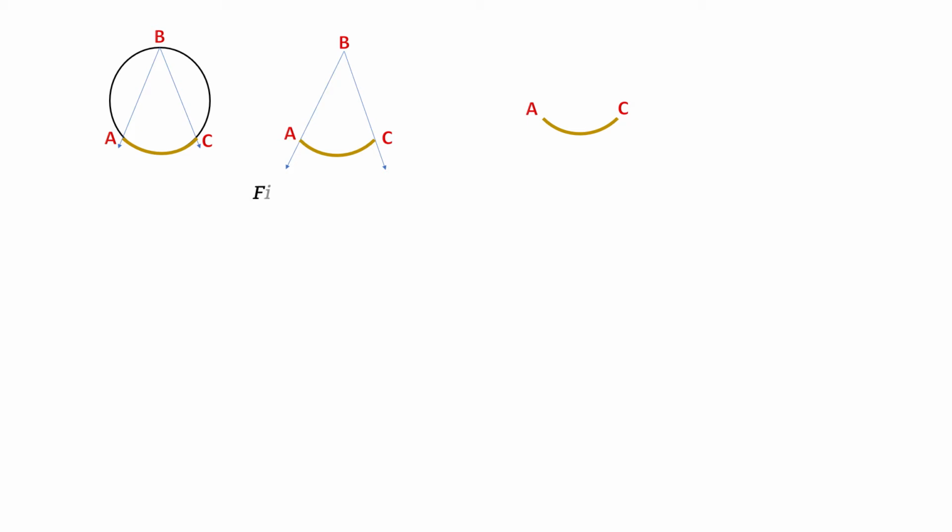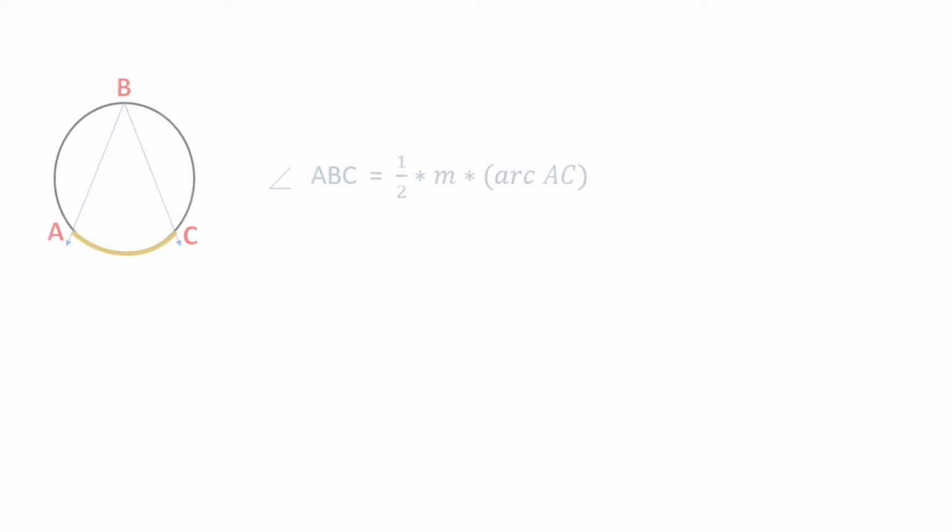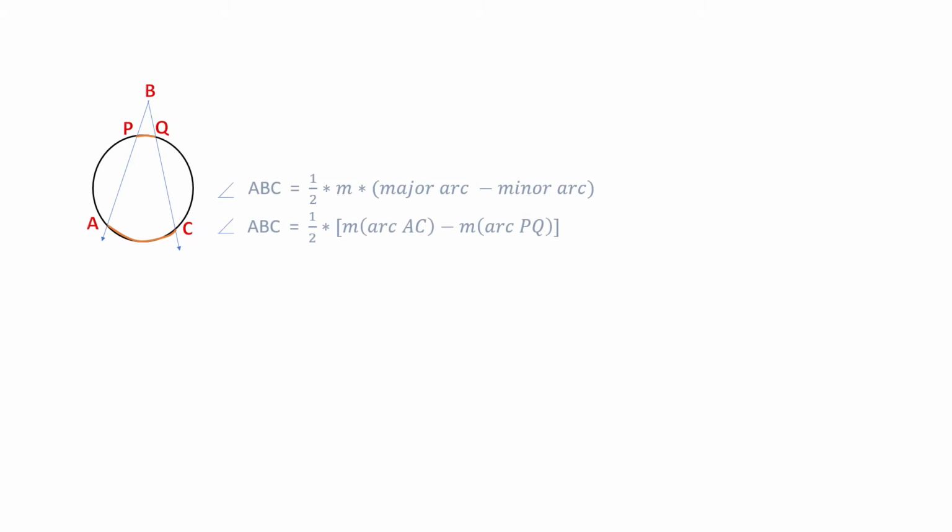When the measurement of an angle ABC and the measurement of an arc are given, we use this formula. For the first part, angle ABC is equal to half the measurement of arc AC. But for the second part, because there are 2 arcs, the formula is angle ABC is equal to half of the major arc minus the minor arc.